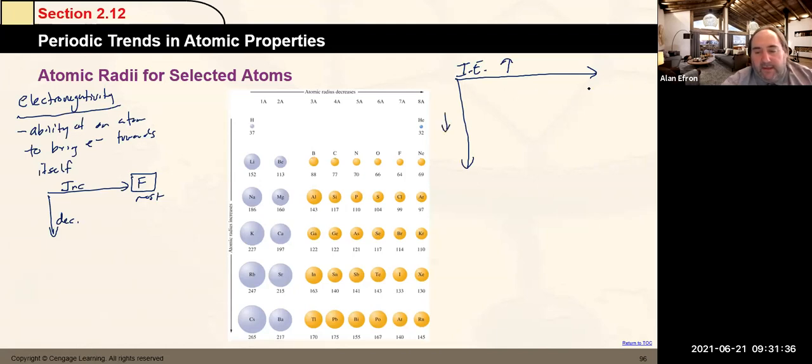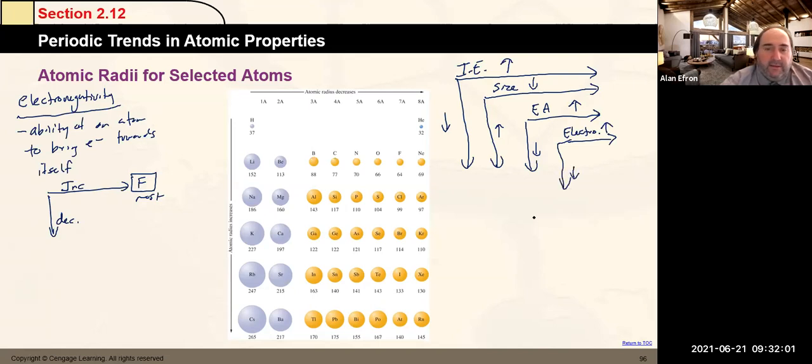As you go to the right, size decreases, and as you go down, size increases. As you go to the right, electron affinity increases and decreases as you go down. As you go to the right, electronegativity increases and goes down on the periodic table.